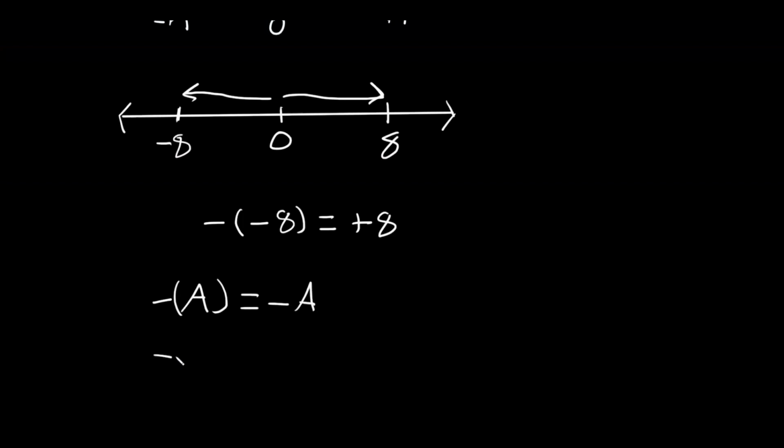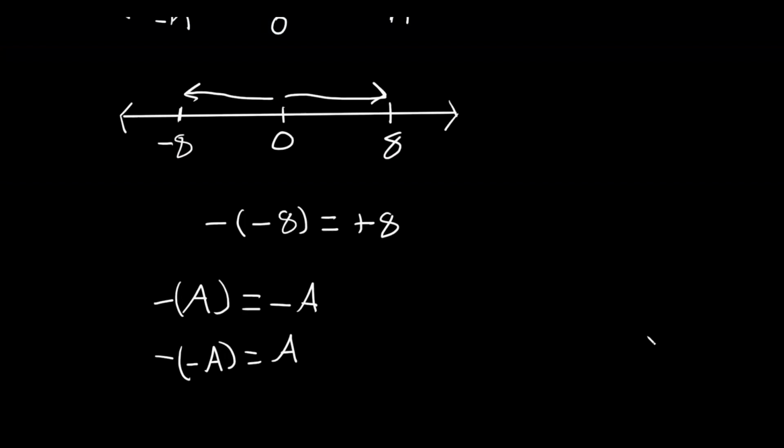And then we have the negative of negative a. This is just going to equal positive a, because we're just looking at the opposite direction. So here a started out positive, and then the opposite is going to be the same distance in the negative direction. And here a started out negative, and then we're going to go in the opposite direction, the same distance. So now it's going to be positive. And we are done.